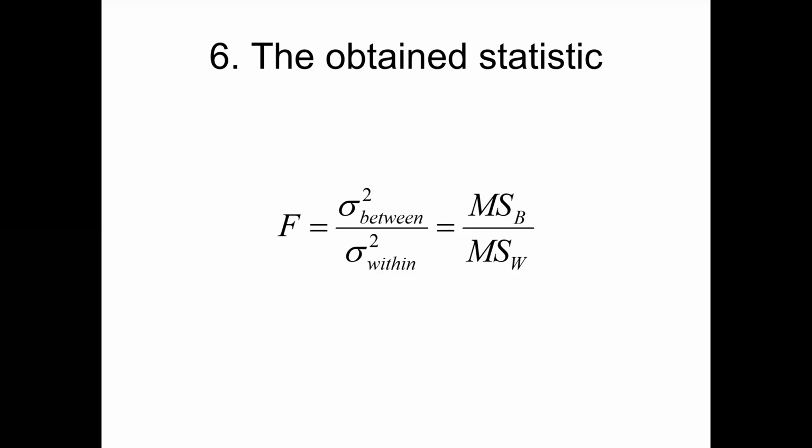So it's the ratio between what you can explain in the data set, the variance that is systematic between the groups, to variance that is not systematic. Now, obviously you want it, well, maybe not so obviously, and I will talk about this more in class, you want this to be greater than 1. You want there to be more differences between the groups that can be explained by group membership than unexplained variance.